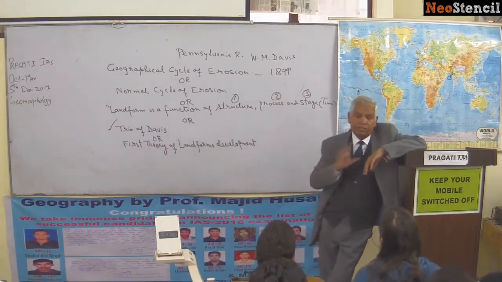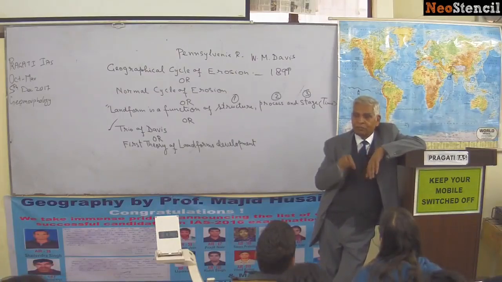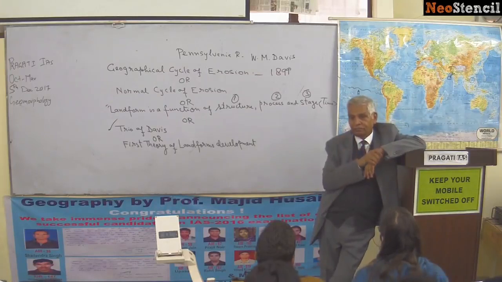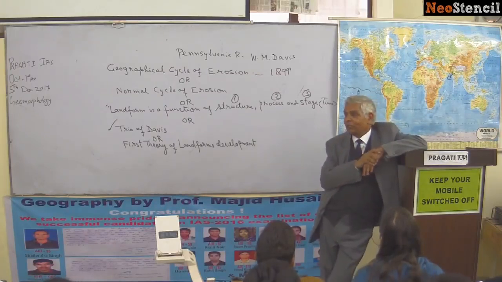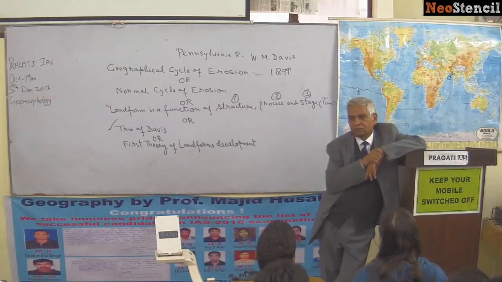When Davis read this book, he said this theory is applicable not only to living organisms, it applies to the non-living things also. Non-living things are mountains, plains, which do not have life, jad padarth, that is jaivik and jad.